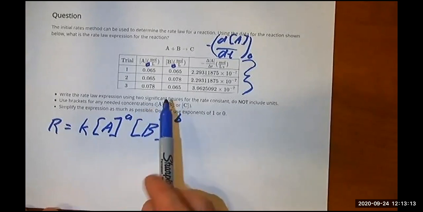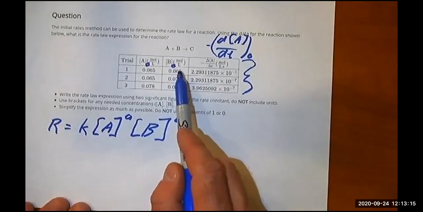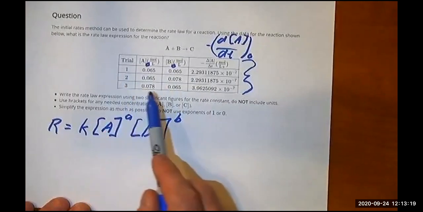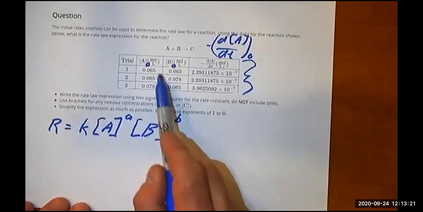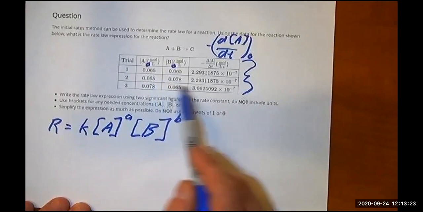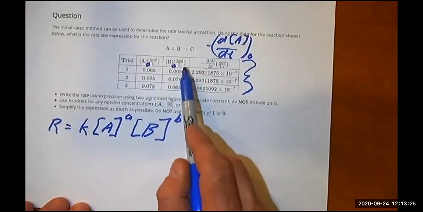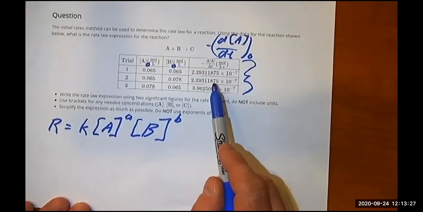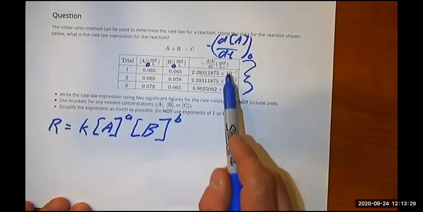So let's take a look at the reactions that we have here. In this, comparing 1 to 2, we left concentration of A the same, and we changed the concentration of B, but the rate did not change.